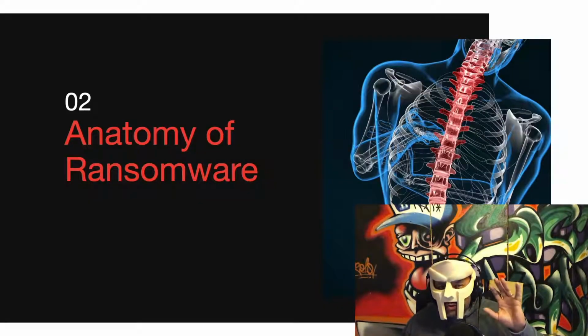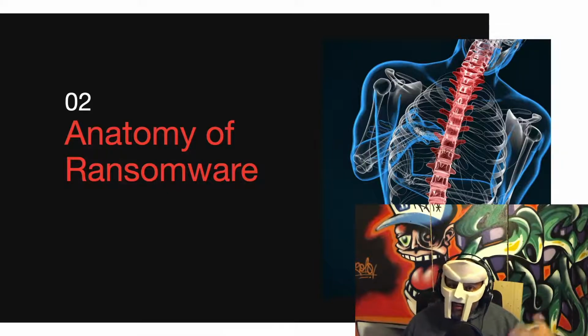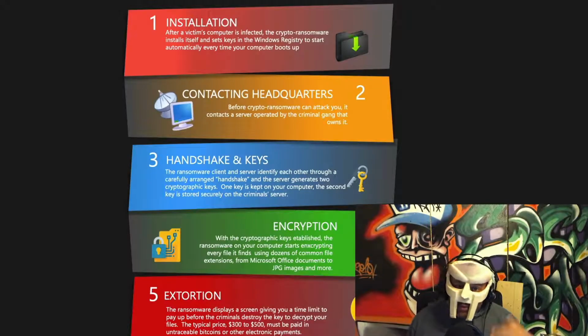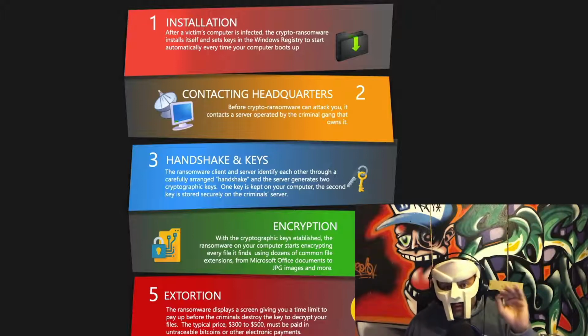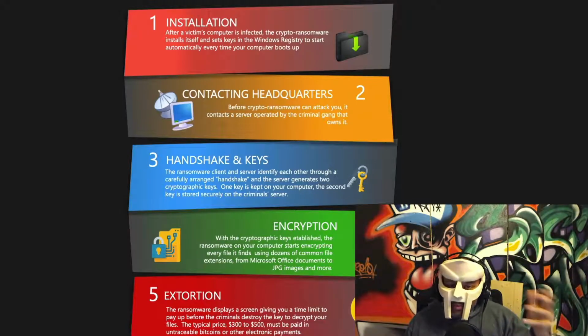So just as a quick review, let's look at the anatomy of how ransomware works, the 5 steps. Once they get through the vulnerability in your system, again, could be the Microsoft Exchange server vulnerabilities, you have the installation phase, and that would be where you install the 64-bit exe, and it starts running PowerShell scripts to install itself.